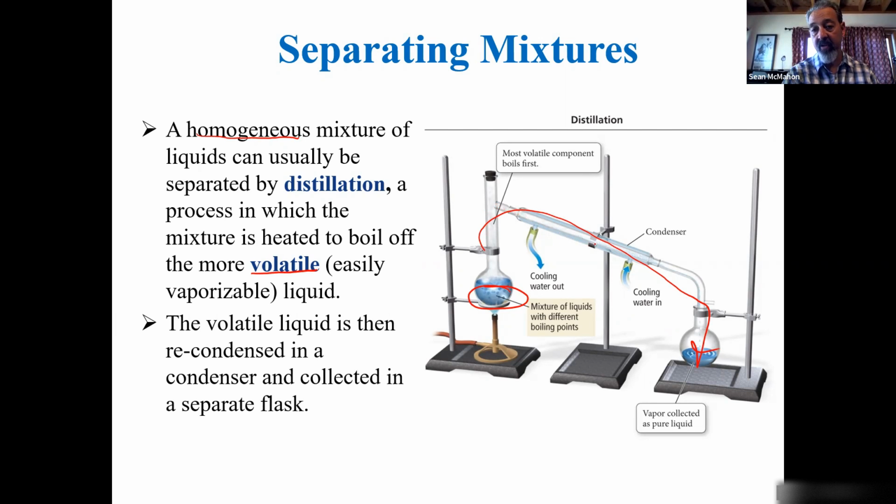If you have this little condenser, it's basically a glass elbow, and as you drive the gas up, if there's a stopper there, the gas is going to go in this direction. Now it's a gas. Well, if you put a jacket around this tube and flush cold water through, it'll cause the vapor, now getting colder, to recondense into a liquid form, and that's how we can catch it.